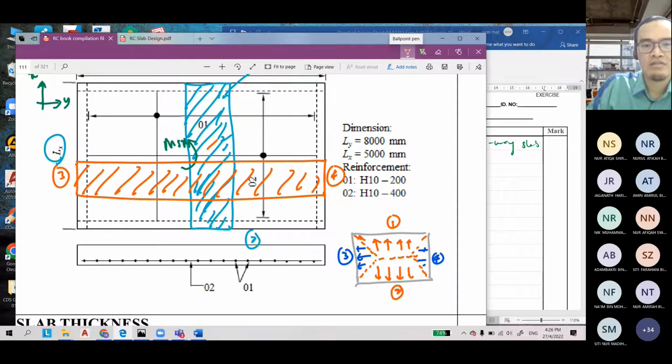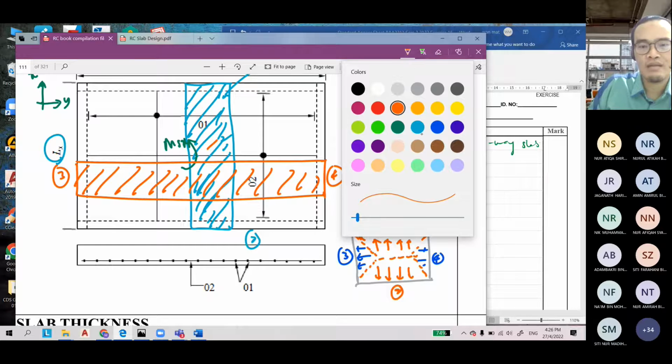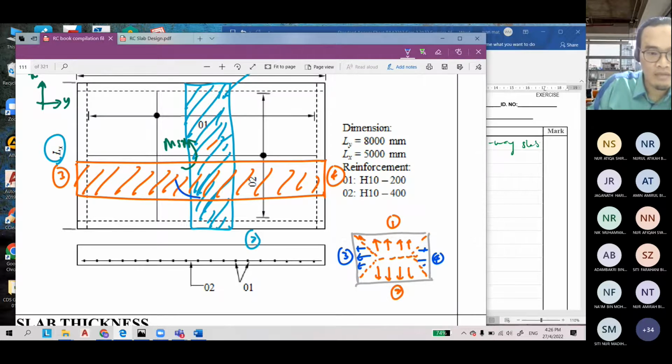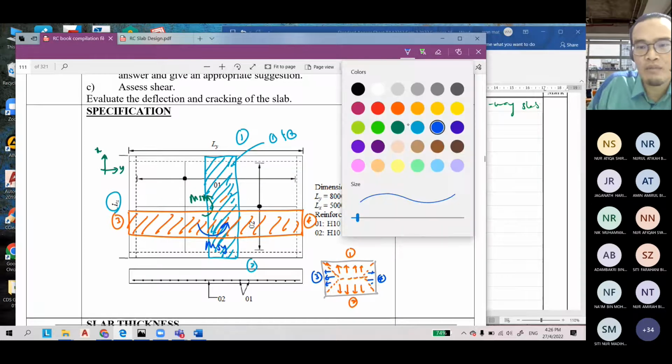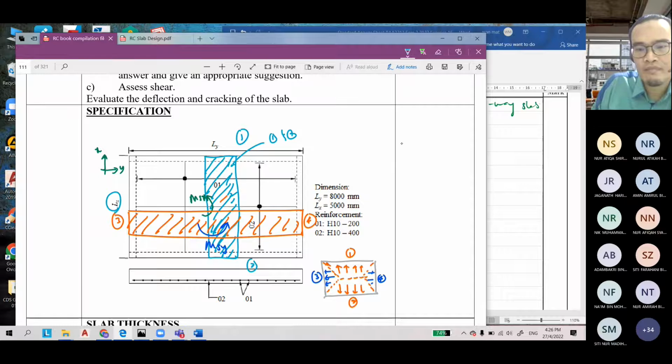For this one, we need the bending moment here. This is the bending moment, M SY. If we extract out, let's say this one, this is the light blue color slab.